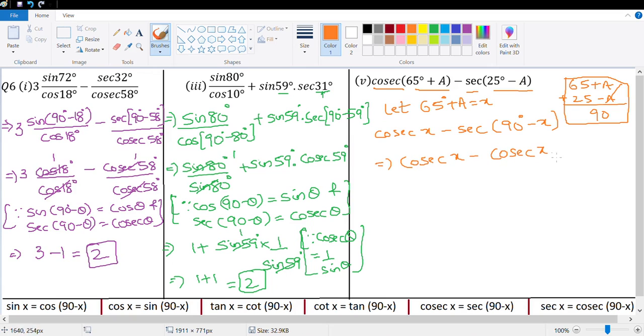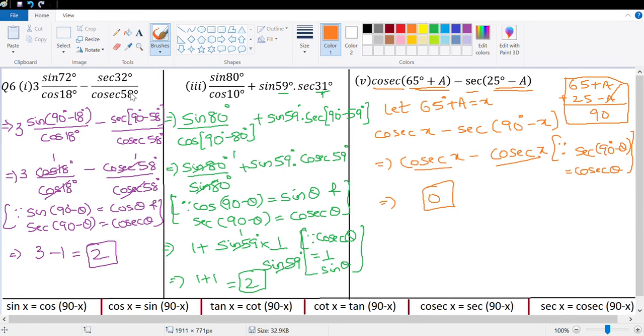Reason: since sec 90 degree minus theta is equal to cosec theta, which means these two terms are the same, which means this is equal to 0. So the key in this question was to figure out that 65 plus A and 25 minus A are complementary. After you realize that, there is nothing in this question. Let's look at the next question.